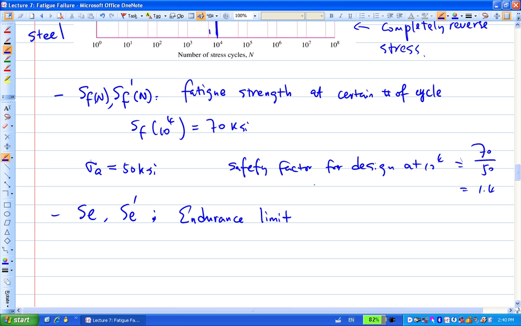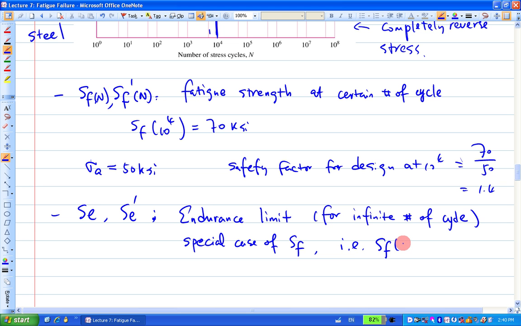This is what we call the endurance limit, because 10 to the power 6 cycles, we call infinite life. It's a special case of SF, and you can see it's SF at 10 to the power 6.